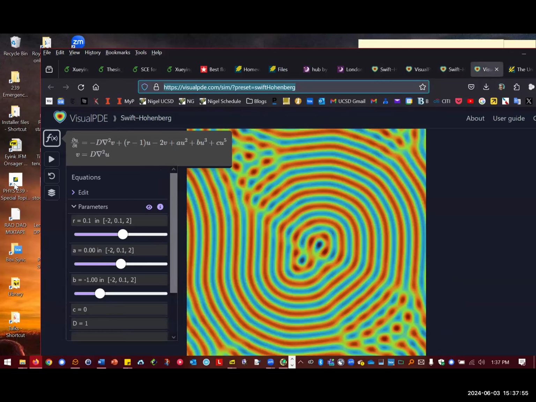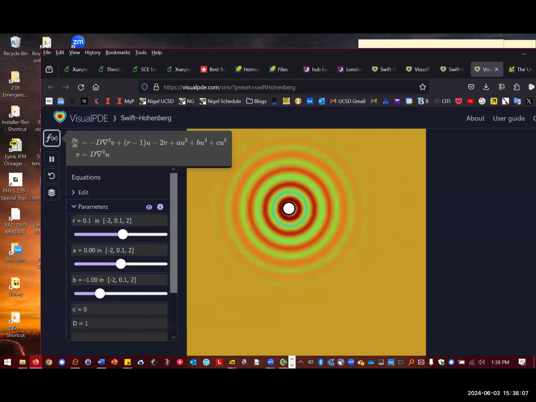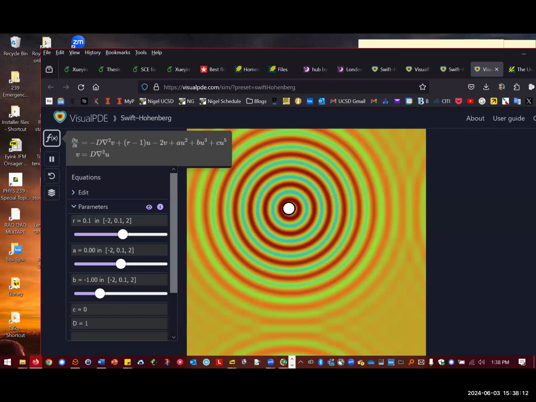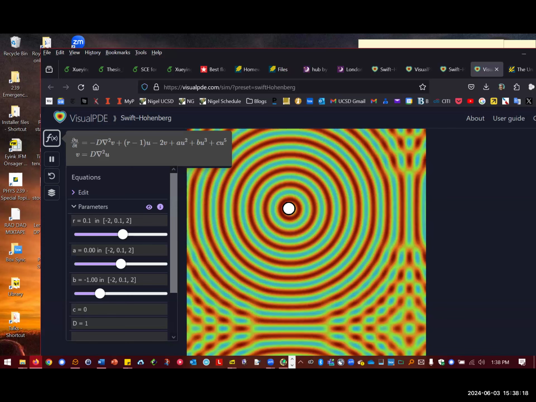So let me show you. Of course, I probably have to reload it or something. Okay. All right, so there's a starting thing, and you can vary the parameters in this differential equation. So this equation here is the Swift-Hohenberg equation with the parameters that I've shown you.